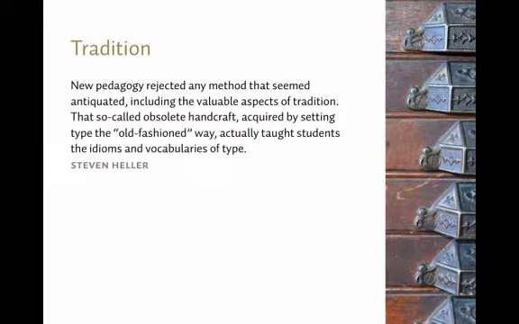That so-called obsolete handcraft, acquired by setting type the old-fashioned way, actually taught students the idioms and vocabularies of type. He goes on to discuss how learning to actually draw letters or compose type on a page by hand was deemed unnecessary, so students bypassed basic typographic apprenticeships, where they would have learned the subtleties of composition, and now currently go directly to studying their type using design programs like InDesign.